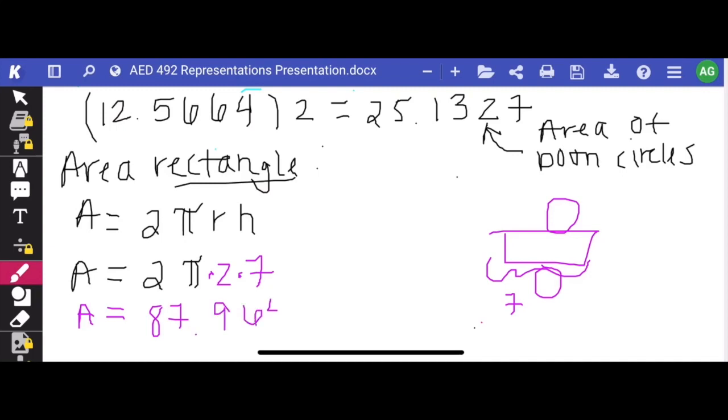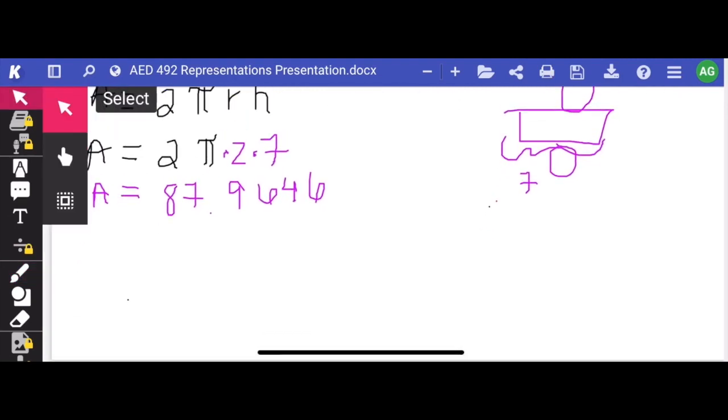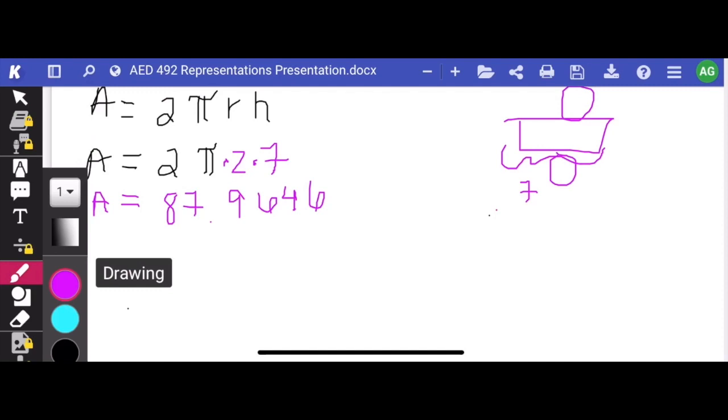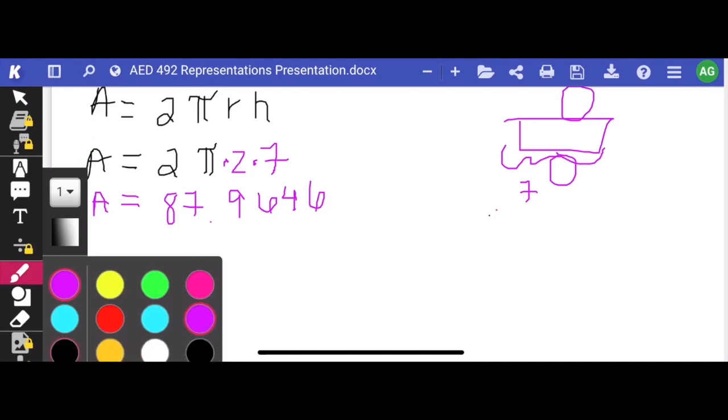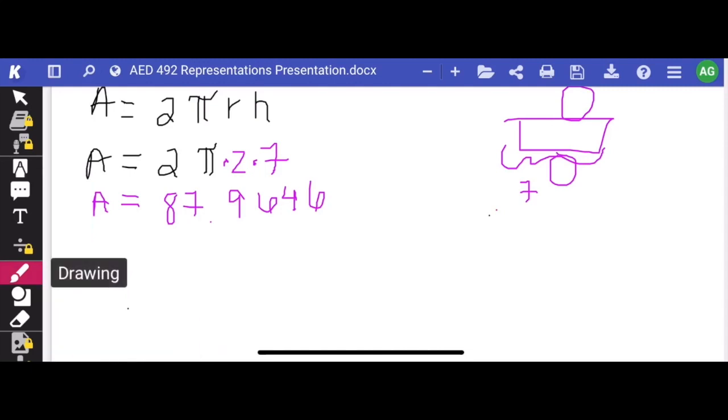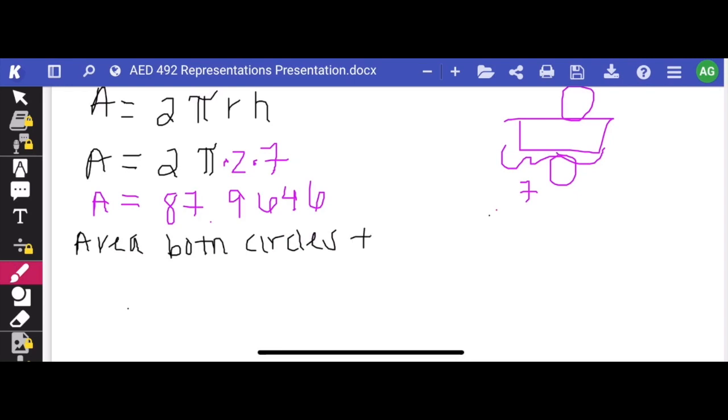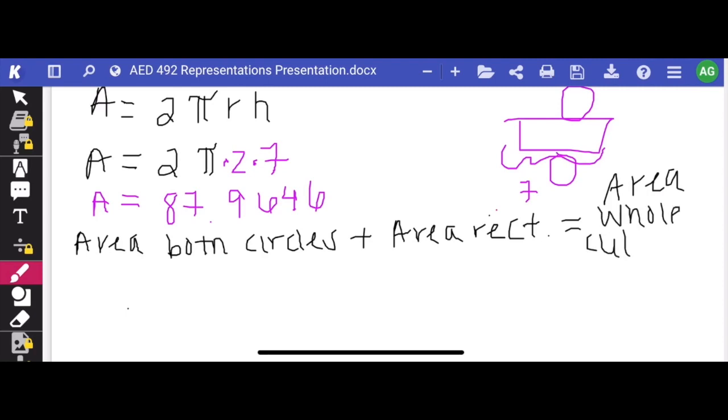So notice we found the area of both circles, and we found the area of the rectangle. So we're going to add the area of both circles together plus the area of the rectangle, which is going to be the formula for the whole area of the cylinder. Because both circles and the rectangle are the parts that make up the cylinder, and we found the area separately, so if we add them together, we'll just get the area of the cylinder.